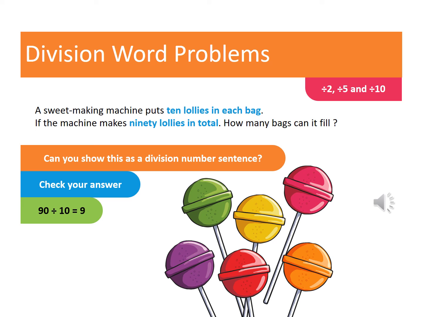When you do a division, the biggest number always has to go first. So 90 divided by 10. I know then I need to use my 10 times tables, and I know that 10 times 9 equals 90.